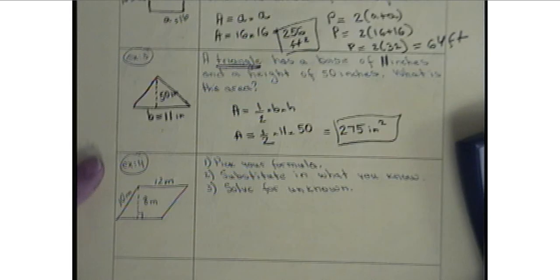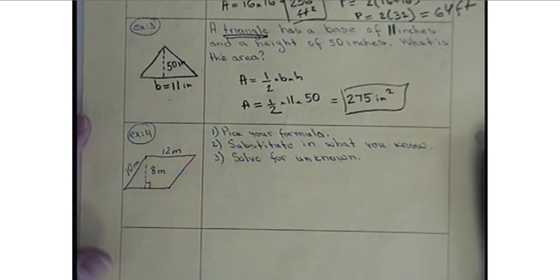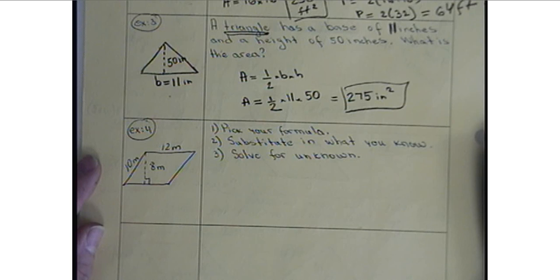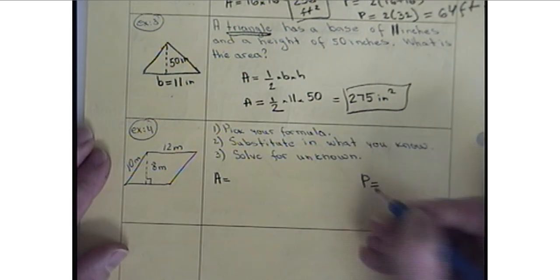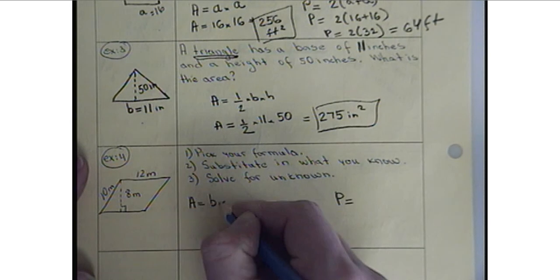In one more final example, we have another parallelogram. We're going to pick the formula, substitute of what we know, and find the unknown part. So if we want to calculate the area here and the perimeter, the area of this will be b times h, base times the height.